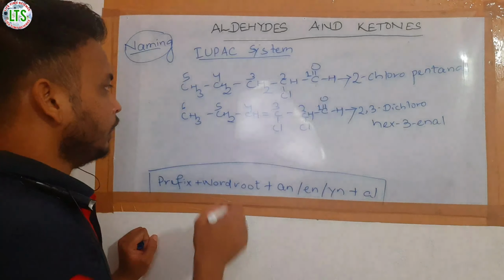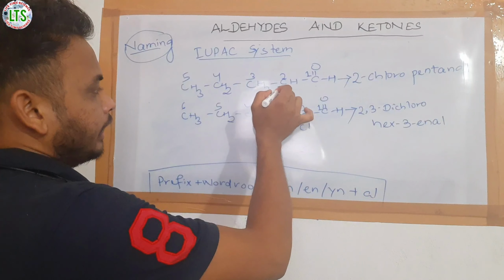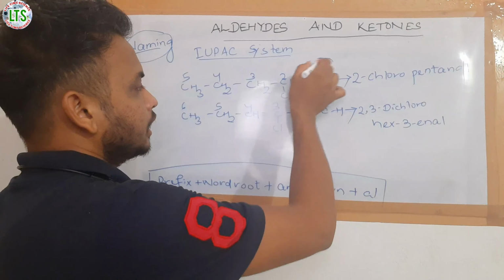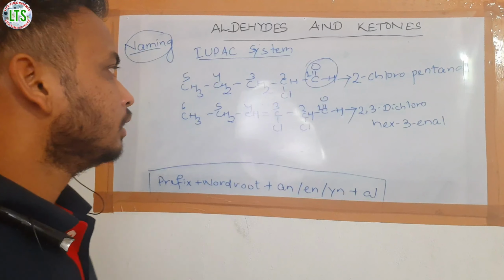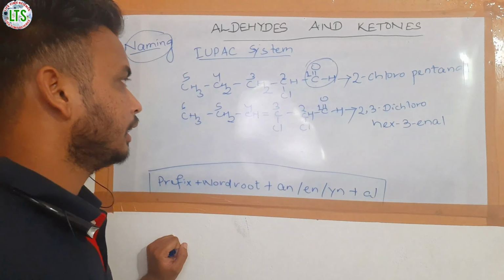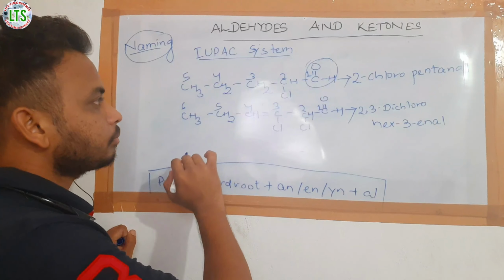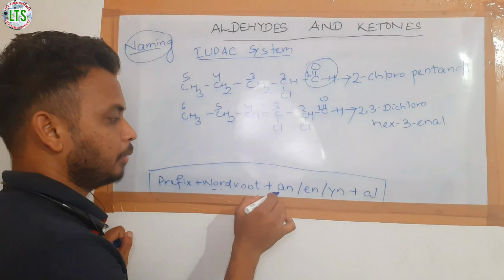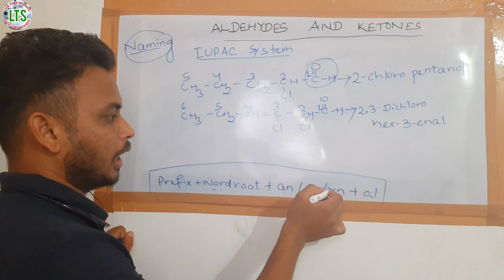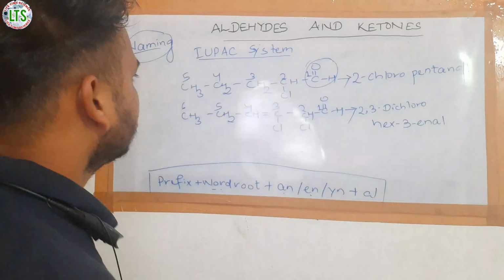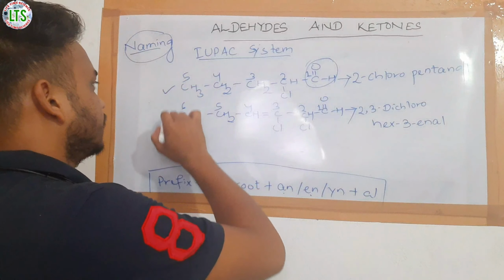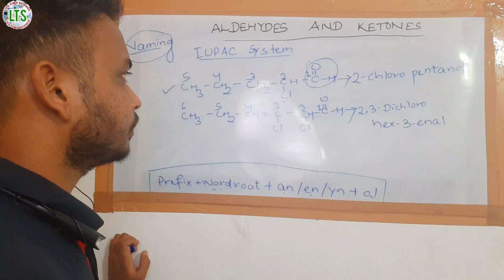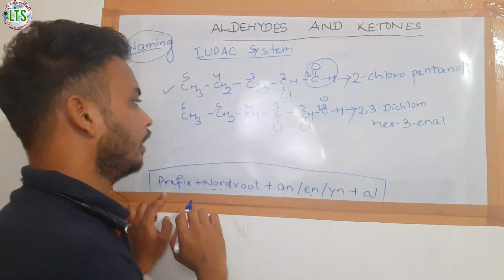Next, if any group other than the CHO group is present in the compound, how can IUPAC naming be done? We use the formula prefix plus word root plus AN or EN or YN plus AL. Here in this compound CH3CH2CH2CHClCHO, first we have to write the prefix.